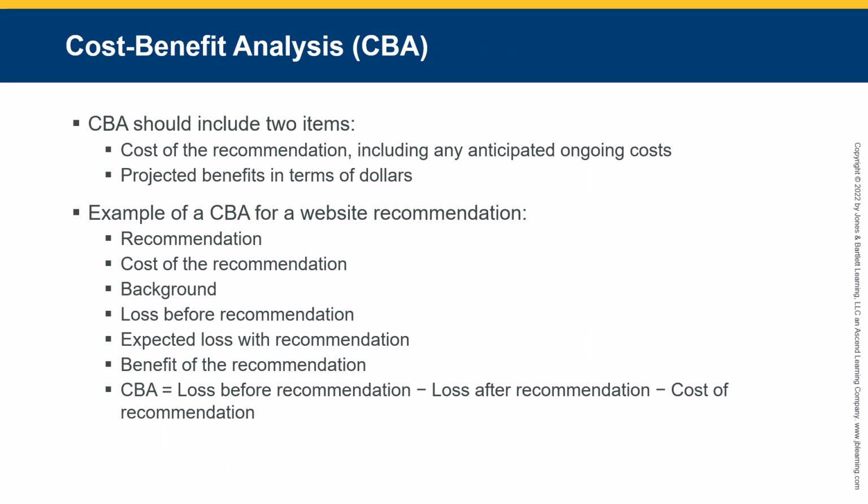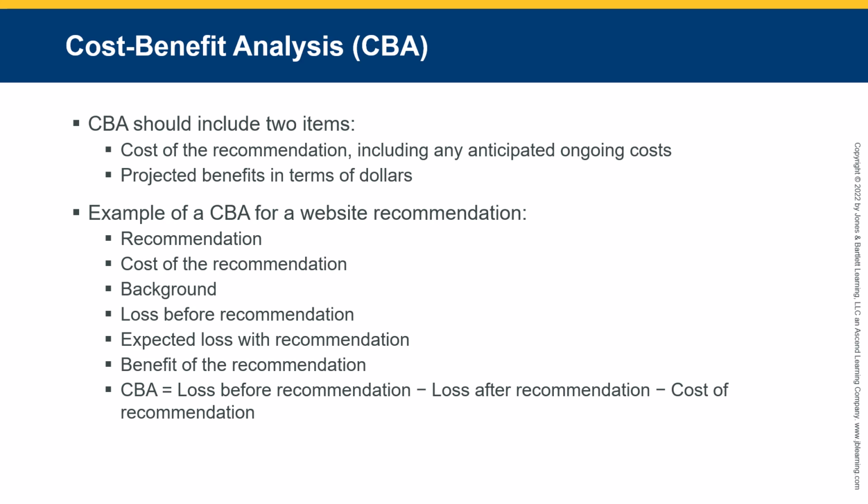The cost-benefit analysis should provide us the cost of the recommendation and anticipated ongoing costs. We should also be able to develop the project benefits in terms of dollars. So again, looking at the website, we'll do the CBA.